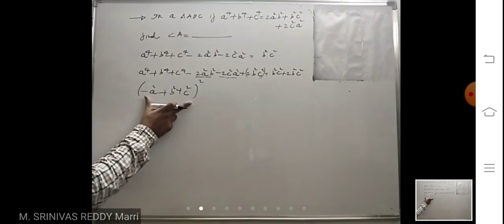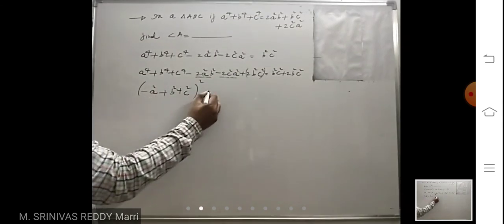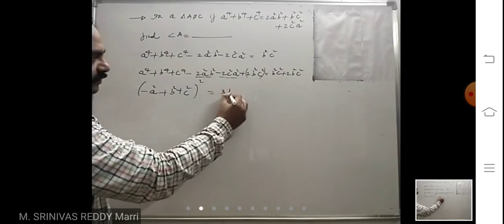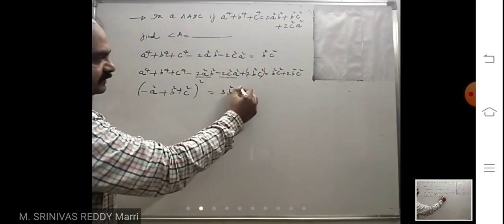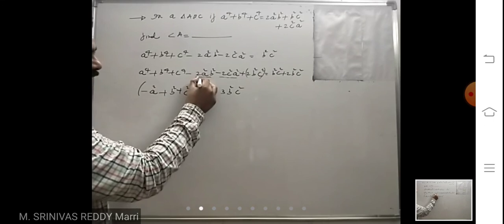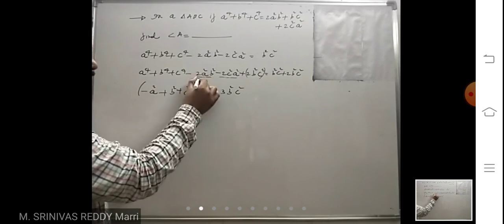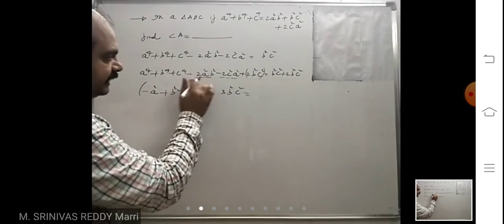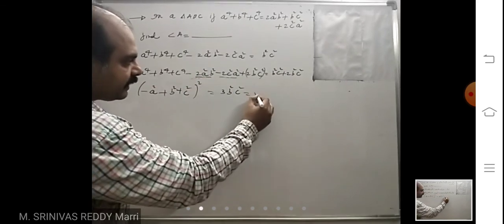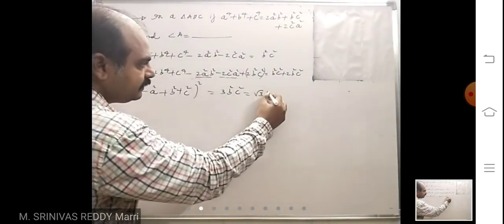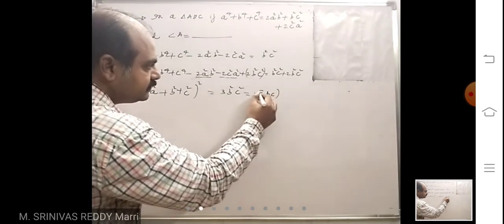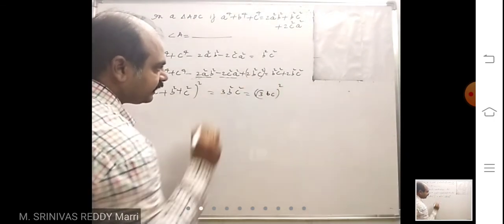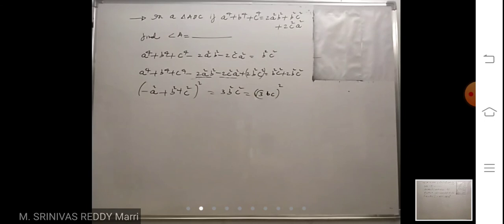So minus a square plus b square plus c square whole square equals 3b square c square. Therefore I am writing the perfect square, root 3 bc whole square.